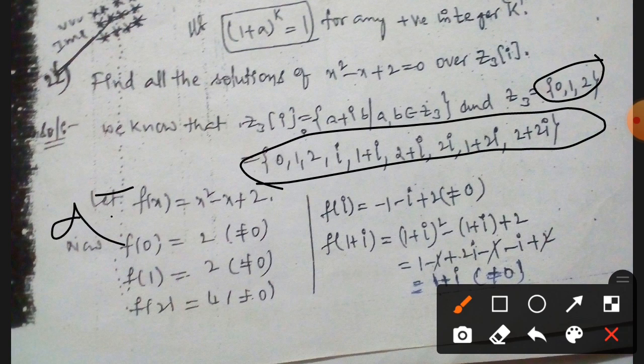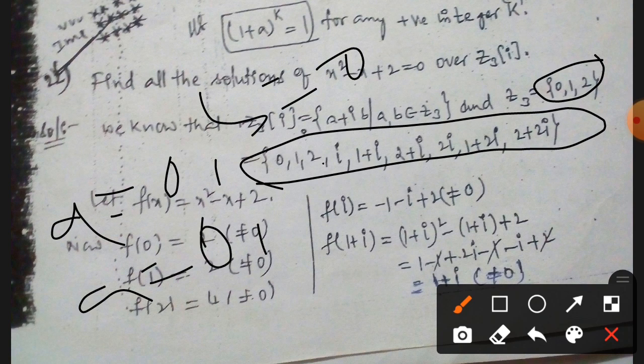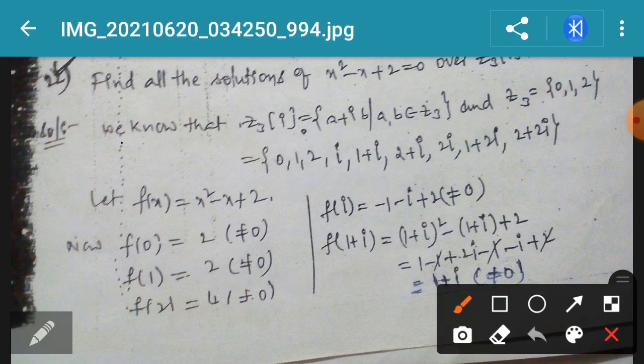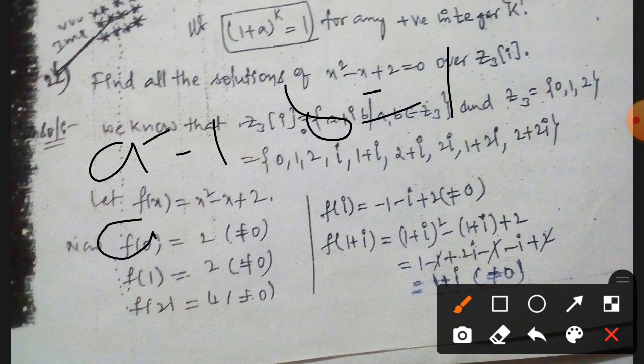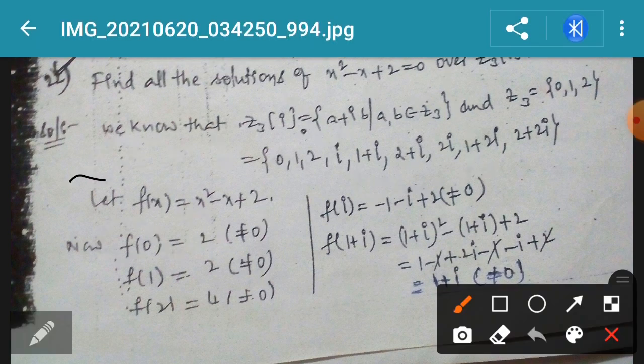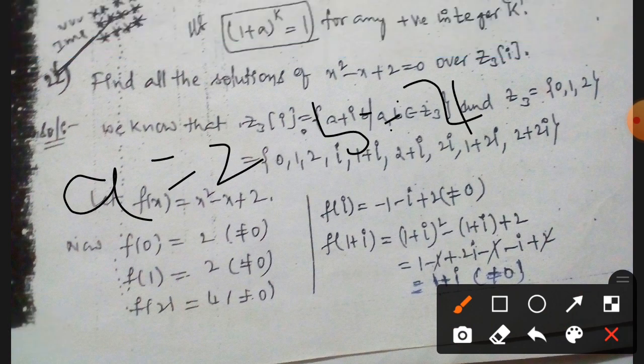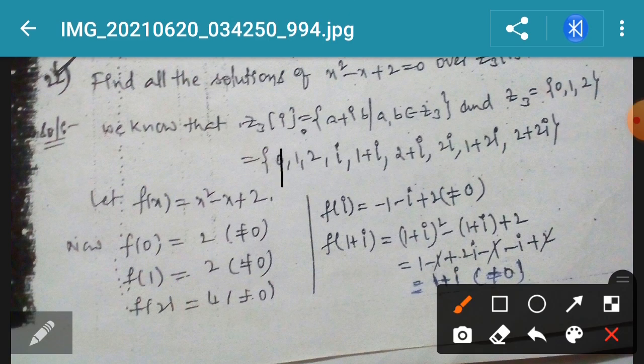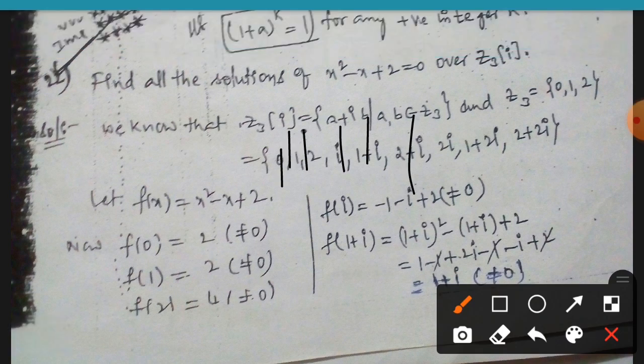A value 0 with b value 0, a value 0 with b value 1, a value 0 with b value 2, so 0, 1, 2 are completed. Then a value 1 with b value 0, 1, 2, and a value 2 with b value 0, 1, 2. In total, 9 solutions are formed.